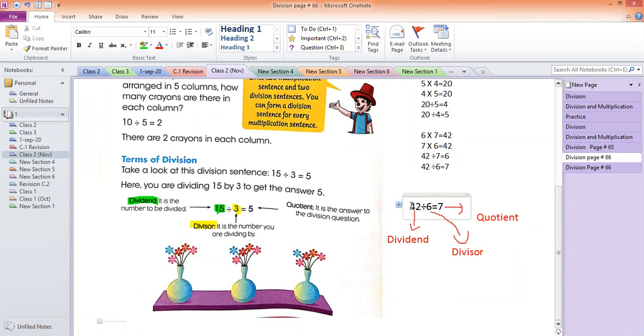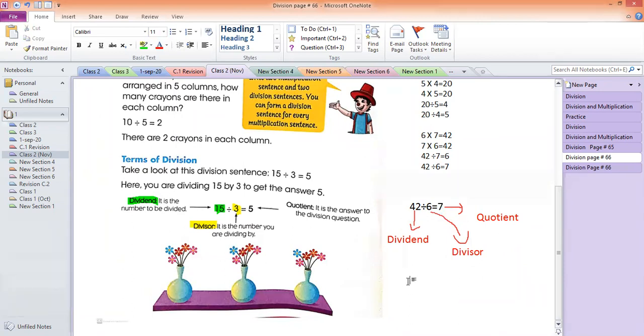And 6 is the divisor because you are dividing 42 by 6. When you divide 42 by 6, the answer you get is 7. That is the quotient.